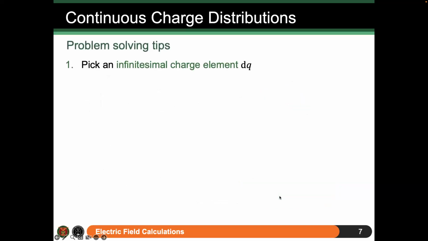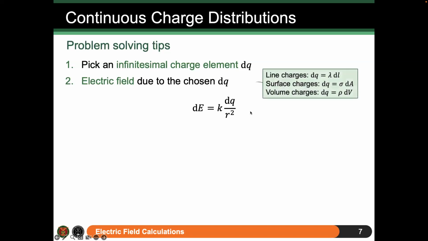So, tips in problem solving. In solving problems involving continuous charges, pick an infinitesimal charge element dq. Then draw the electric field due to the chosen dq. This will have a magnitude equal to k dq over r squared, where dq can be lambda dl, sigma dA, or rho dV depending on the system, if it's a line charge, surface charge, or volume charge.